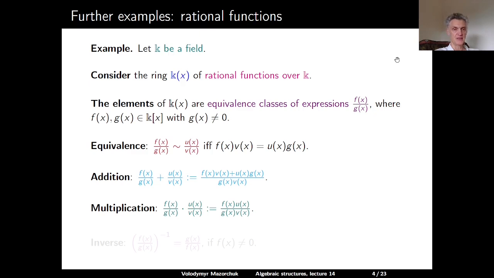So this defines on K(x) the structure of a commutative ring, and this is a field because we have the following inverses. f divided by g, the inverse of this expression is g divided by f as soon as f is non-zero. And then this g divided by f makes sense. So this is the second important example of a field.